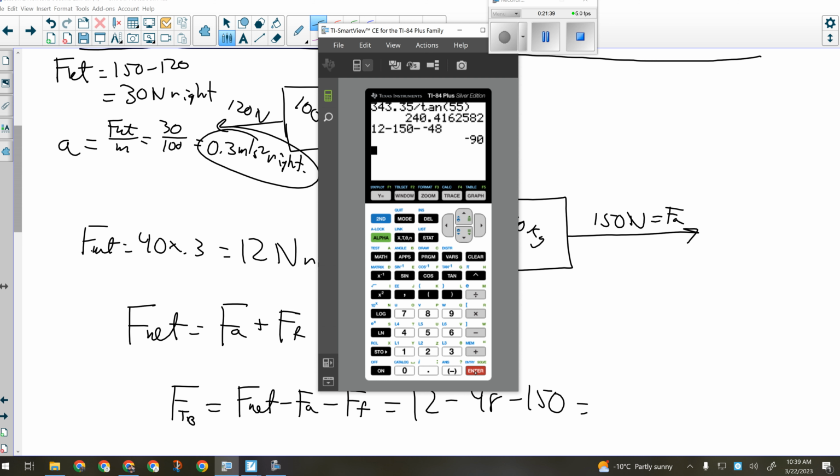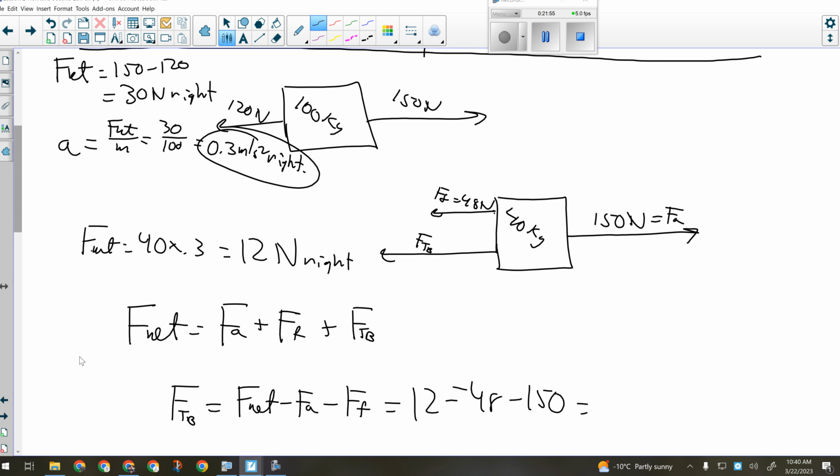But in this case, it's not necessary, because they didn't ask how hard it was pulling on the first block or how hard it was pulling on the second block. All right, is that ringing a bell from yesterday? All right, so the system questions all work the same. We have to remember that the acceleration of the system is the same as all of the individual parts and vice versa.